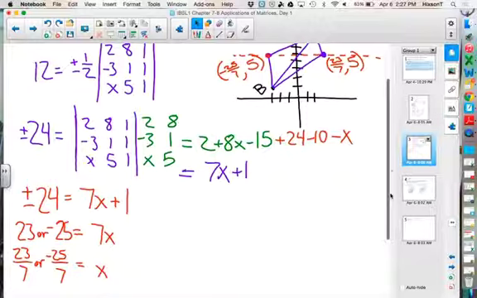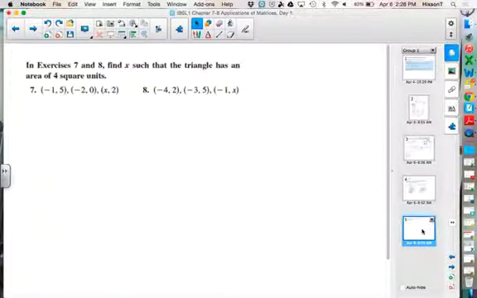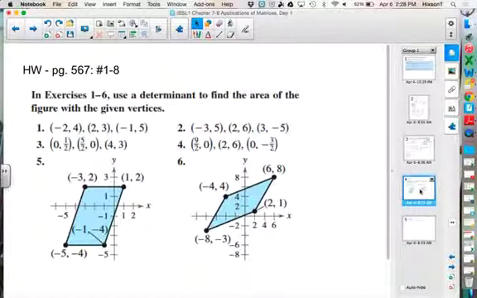Alright, so, now, I've given you a couple like this, where you have to solve for x. Note here that even though they're using the variable x, it's the y coordinate. Okay, so then we have a couple others.